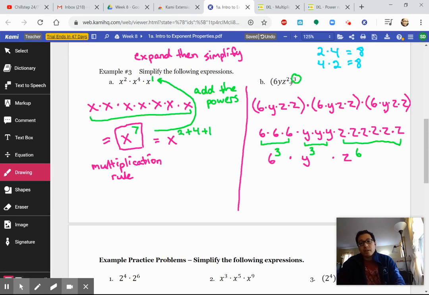If you have a bunch of stuff raised to a power, the 6 got the power of 3, the y got the power of 3, and the z to the 2 also got a power of 3. See, 6 to the 3, y to the 3, z to the power of 6. So this is interesting. What happens when we have a power raised to another power? We multiply these powers.